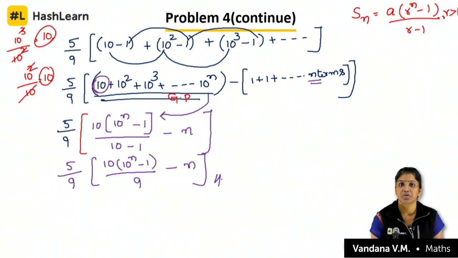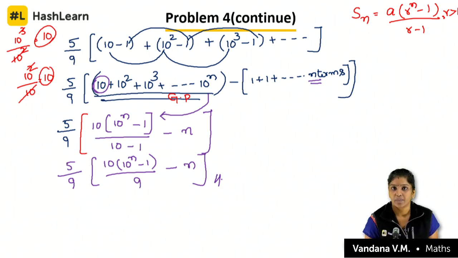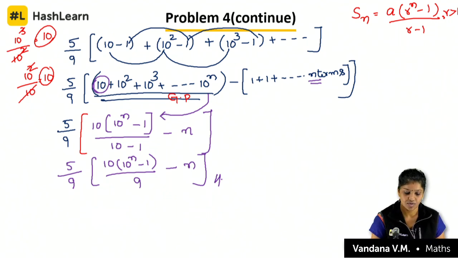This is a very interesting and important question, because it is not following arithmetic progression and it is not following geometric progression either. So we are converting it, and because of that it's a very important question.